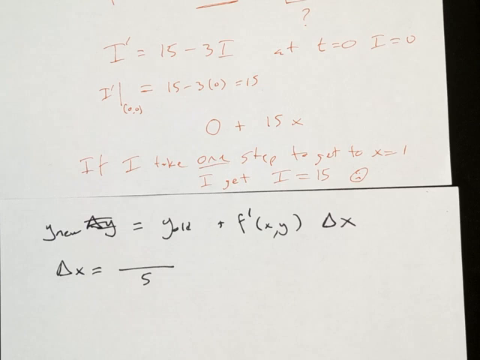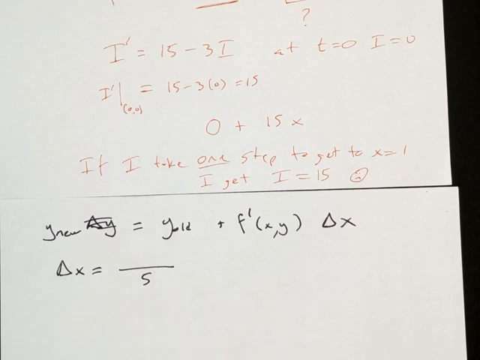Midpoint rule, Riemann sums, Simpson's rule, all that. How do I get delta x? N is 5.